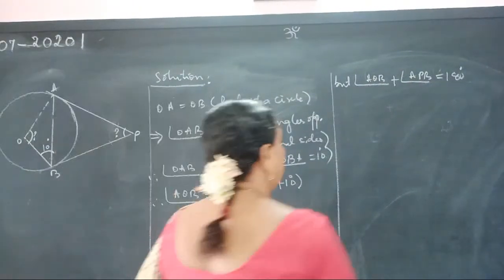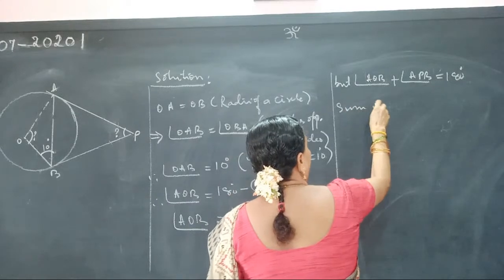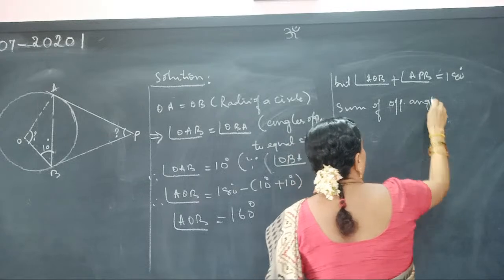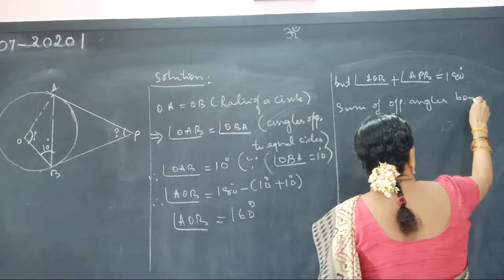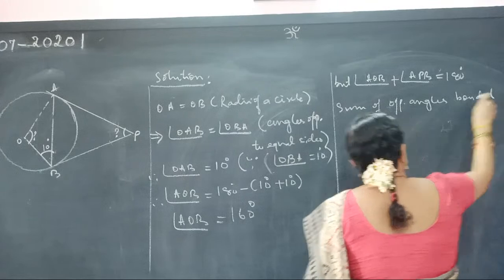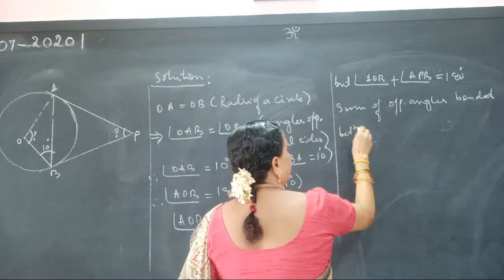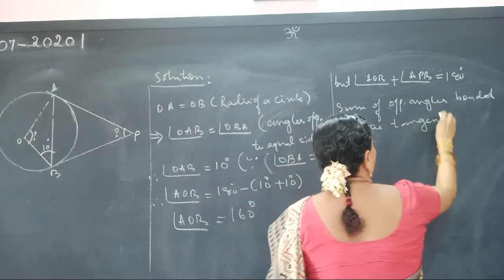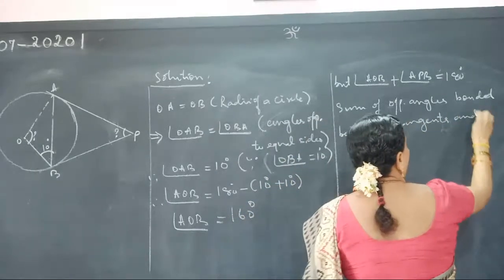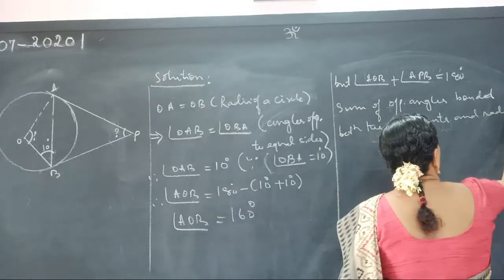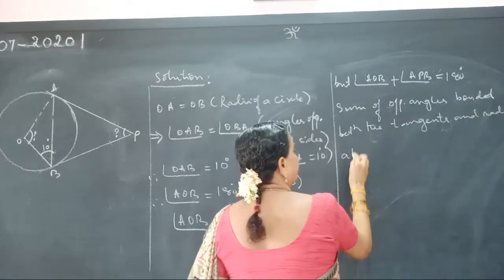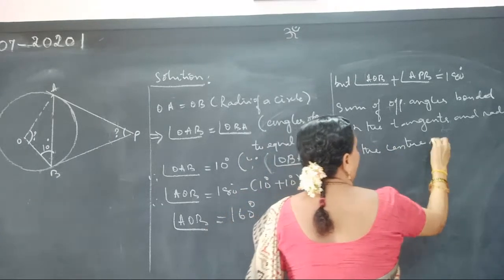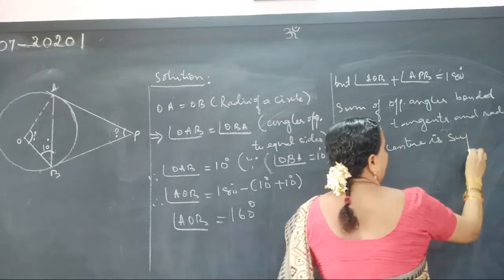That is, the sum of opposite angles bounded between the tangents and radius at the center is supplementary.